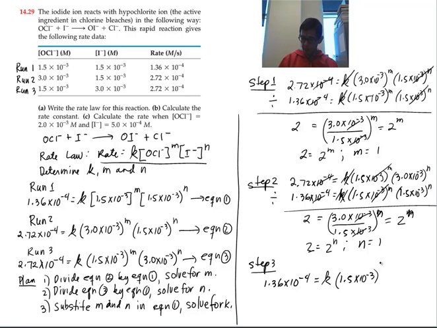But what is m? It's 1. Times 1.5 times 10 to the negative 3 raised to the n. But what is n? It's 1. So we have one equation, one unknown. We solve for k. If you do it right, k is equal to 60.44.